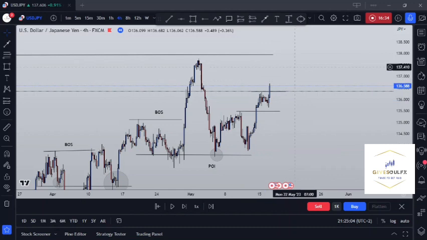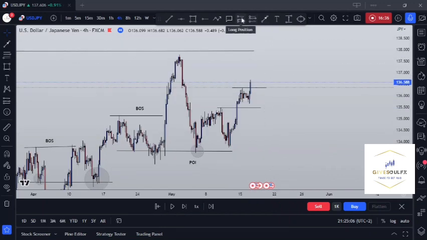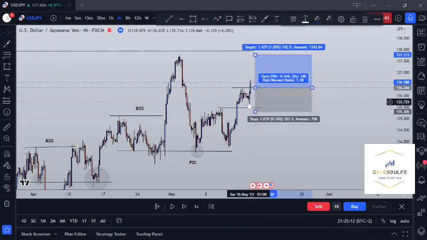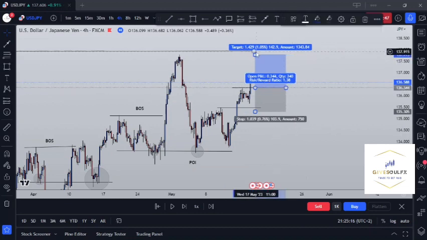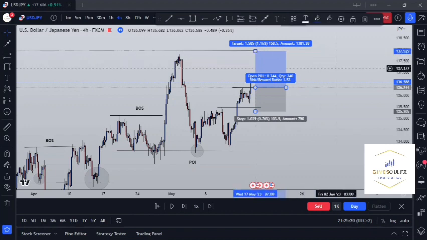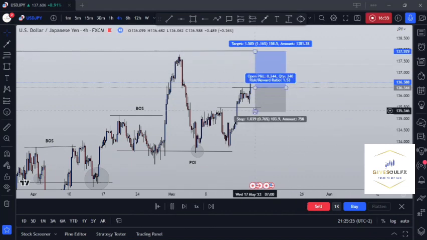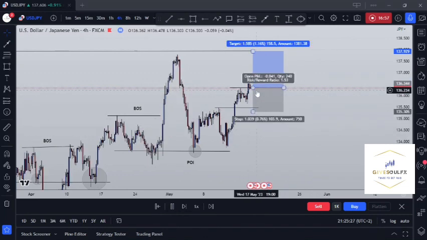Therefore, we had our entry here with a stop loss below our point of interest, with our take profit level here, then we wanted to see how price would play out.